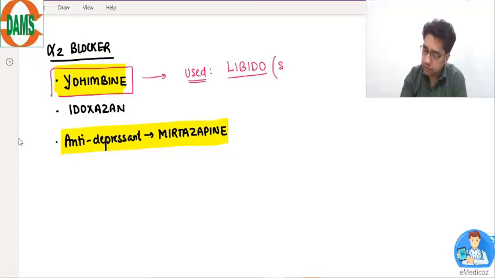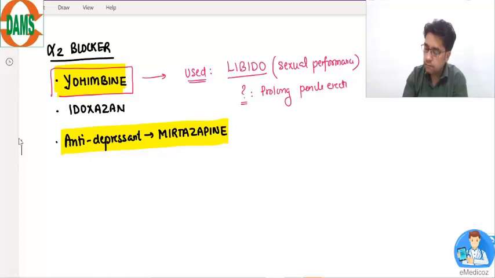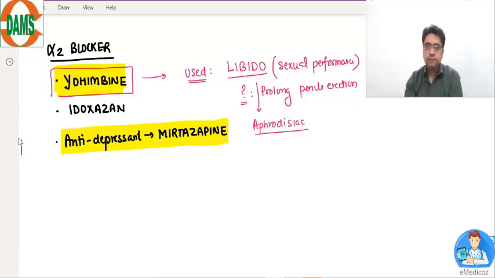Libido means sexual performance. Why? Because it produces prolonged penile erection. And any drug which increases sexual performance or libido is an aphrodisiac. It's a plant product. Some people eat this plant to improve their sexual life.